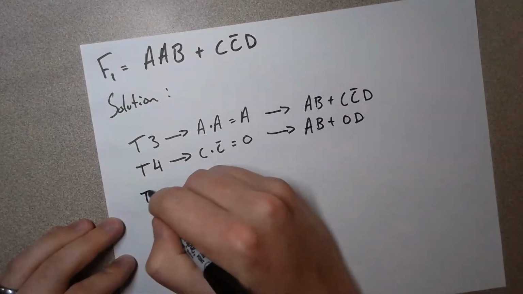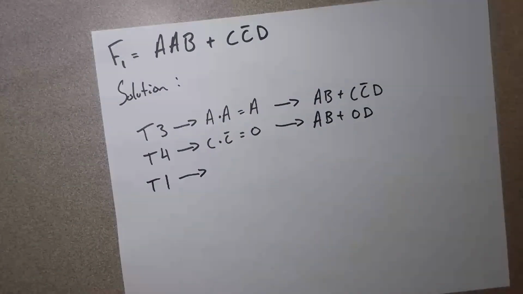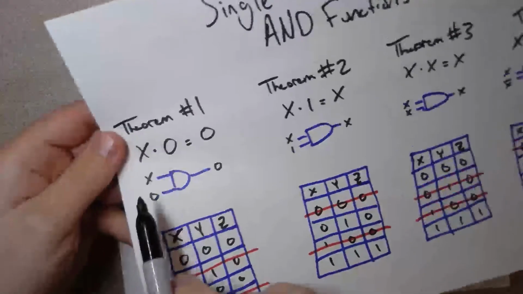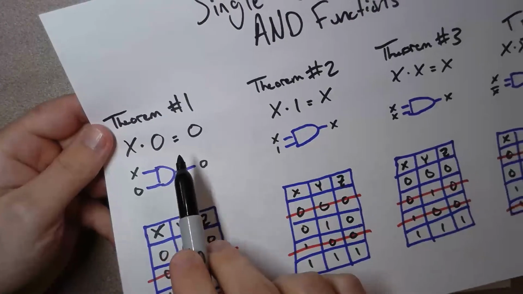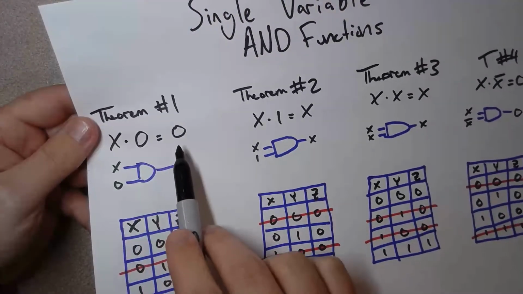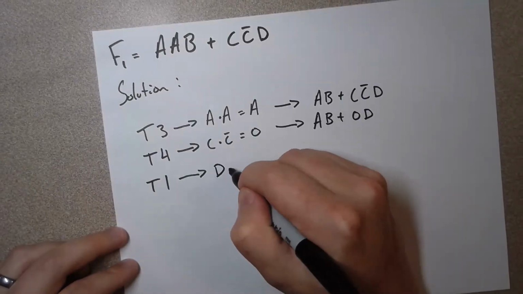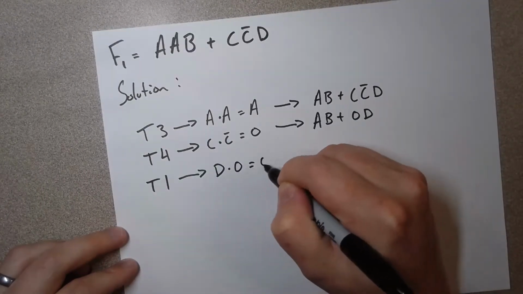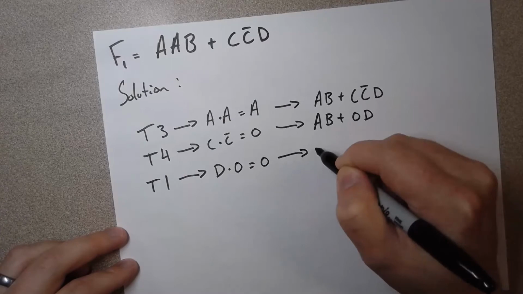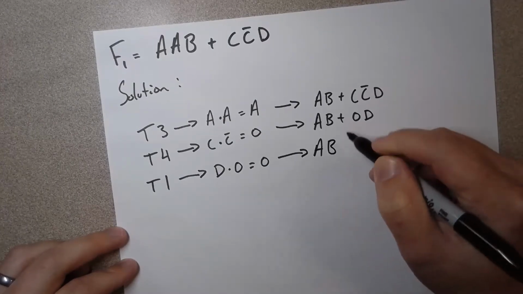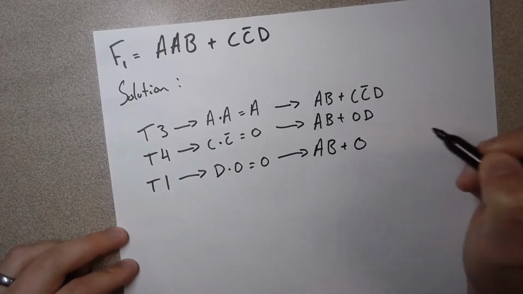If we use theorem number 1, which is x and 0 is equal to 0, we've got D and 0, which is going to be equal to 0 here, which gives us A, B, or 0.